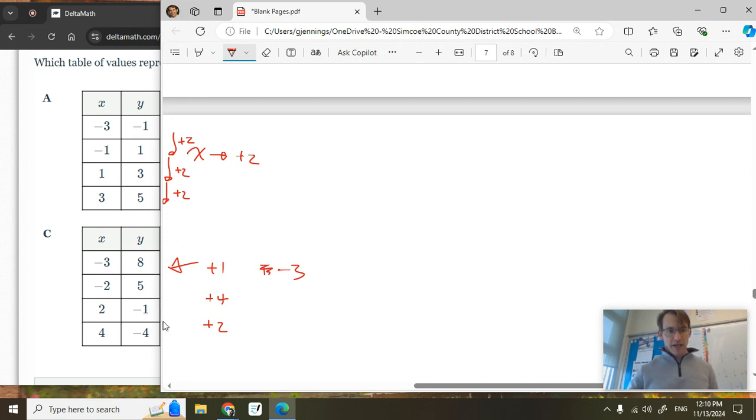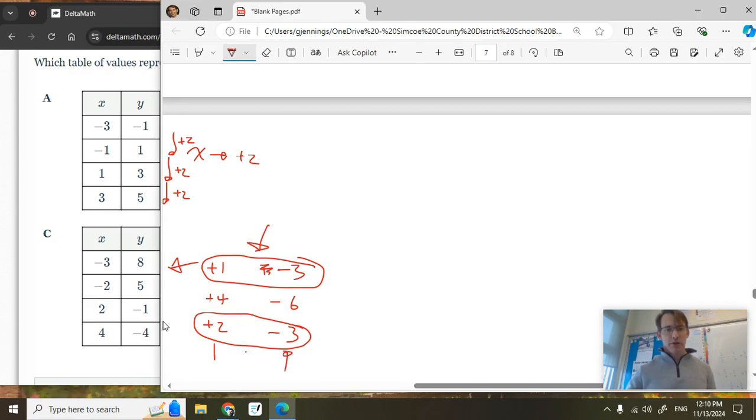And then it grows by negative 6. And then it shrinks by negative 3. Okay, so look at that. X grew by 2 and y grew by negative 3. X grew by 1 and y grew by negative 3. Those are not the same ratio, right? This one is going down by 3 every 2. This one is going down by 3 every 1. That's different. So it's not linear.